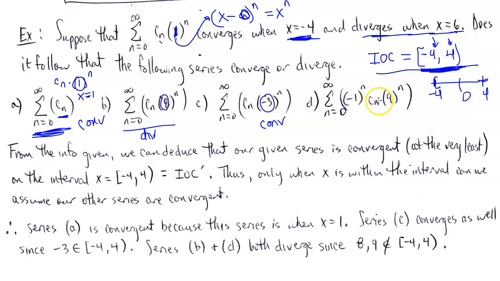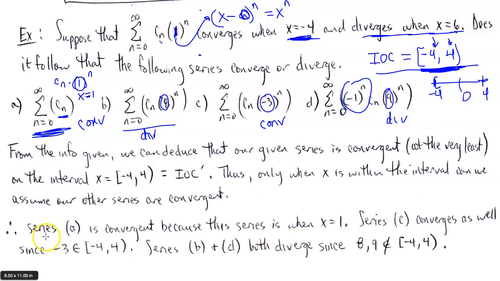And then, of course, for this last one, we have 9 right here. The fact that we have this alternating part here may or may not help us, but because we have this 9, no matter what happens, it's outside of this interval of convergence, so we know it's going to diverge as well.